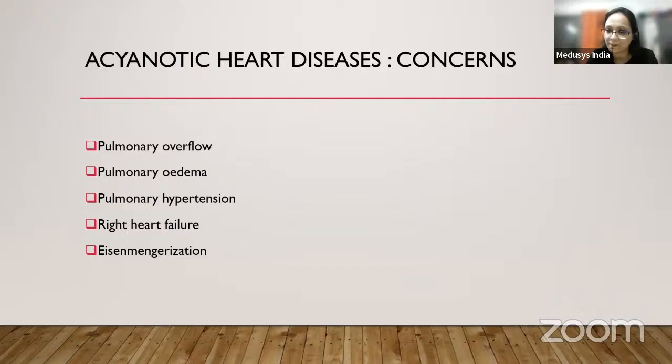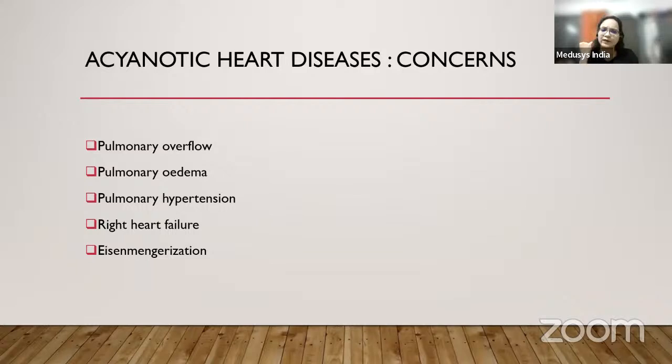Dr. Abhinav? So in these left to right shunts, over a period of time, because of increased pulmonary vascular resistance, blood keeps flowing into the pulmonary vasculature. Pulmonary hypertension takes place, and this can actually reverse the shunt from left to right to right to left. And this will make it from an acyanotic to a cyanotic heart disease. Okay.